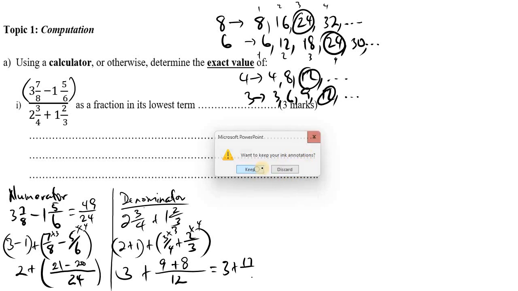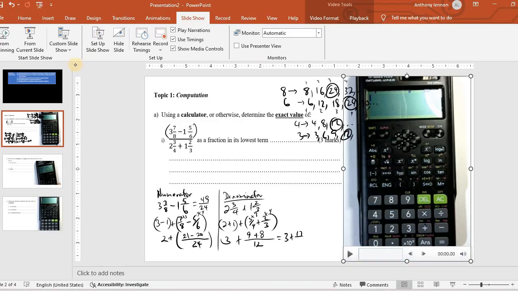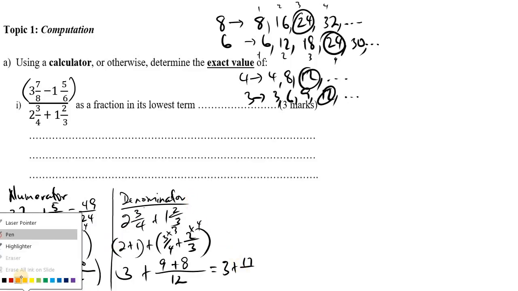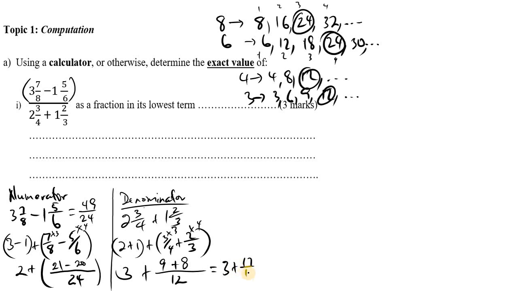Then we can actually write this. This is a mixed number, which we can write as 12 goes into 17 once, remainder 5, over 12. Let's see, 12 times 1 is 12, plus 5 is 17.